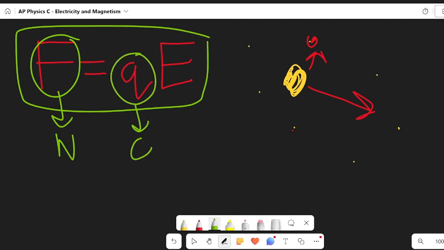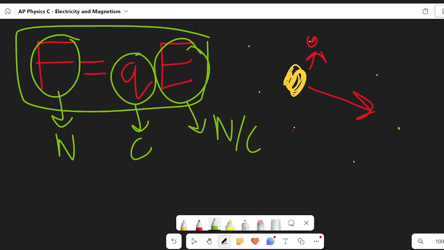Force has newtons, right? Q is charge, so C. So electric field, we now know, must have newtons per coulomb, right? So we know that electric field is actually a rate that compares newtons and coulombs.